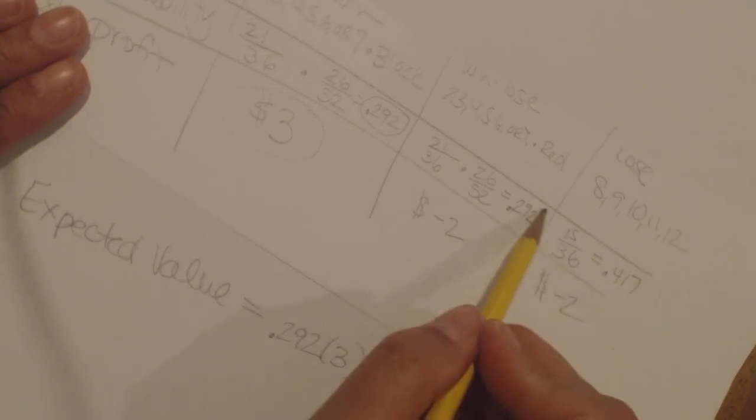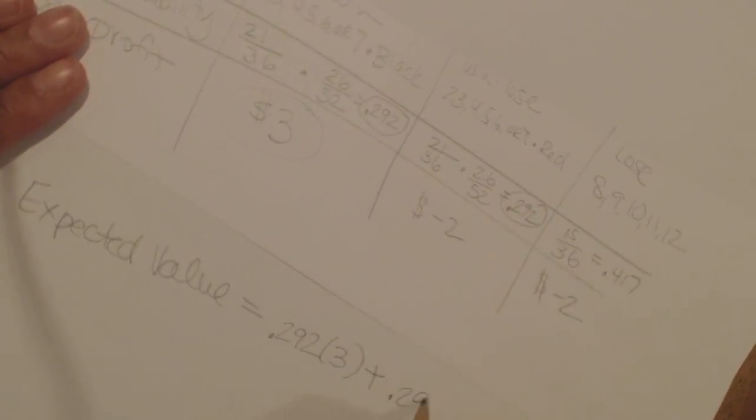I'm going to add that to the next one. 0.292 weighted by its profit, -2. 0.417. Actually, it's the profit weighted by the probability. So the profit weighted by the probability times -2. I'm going to multiply and then add these up, and I get -0.54.